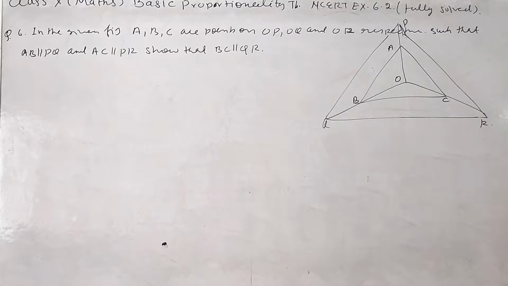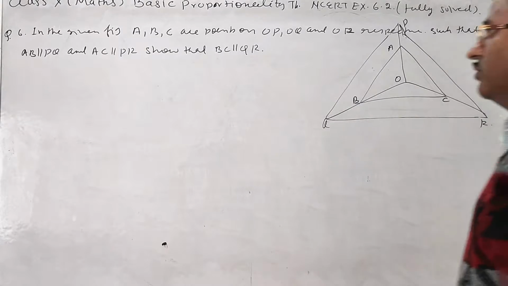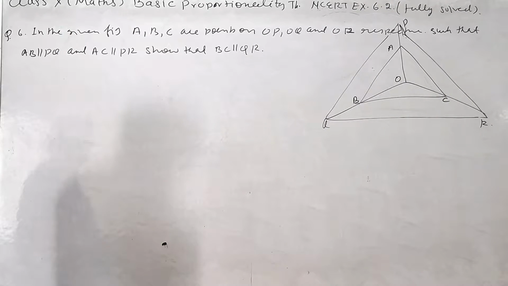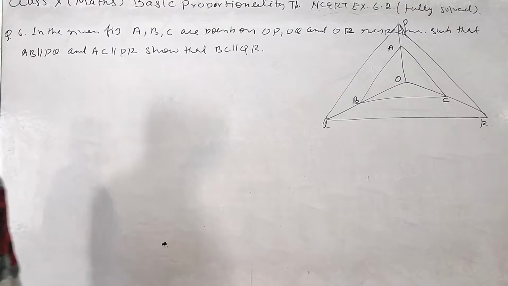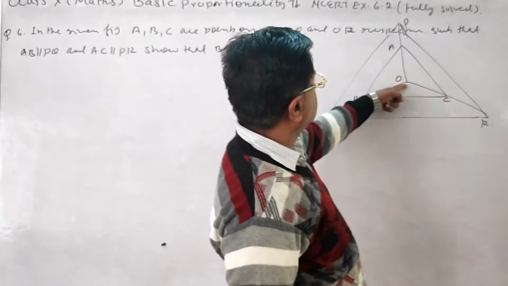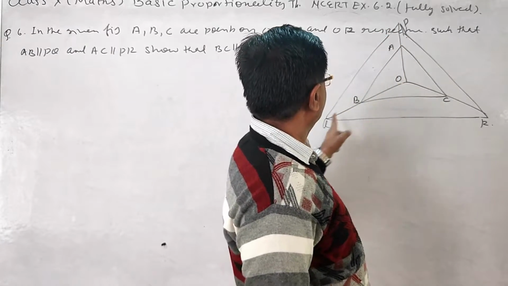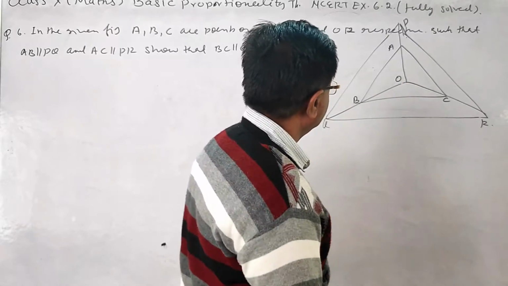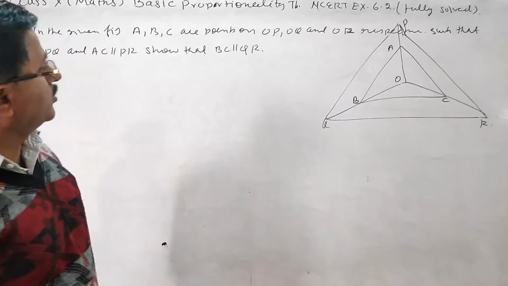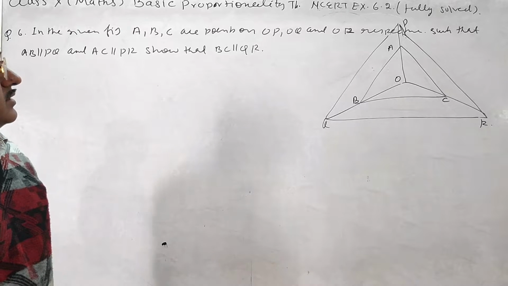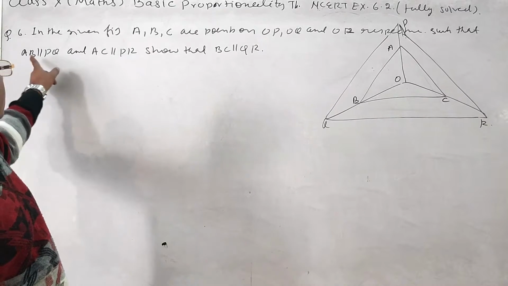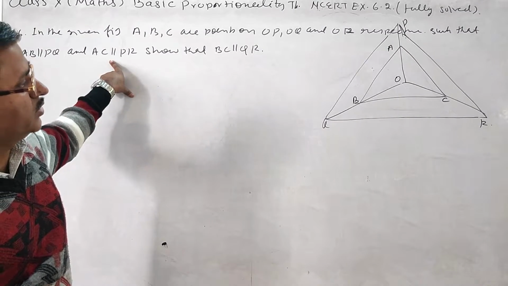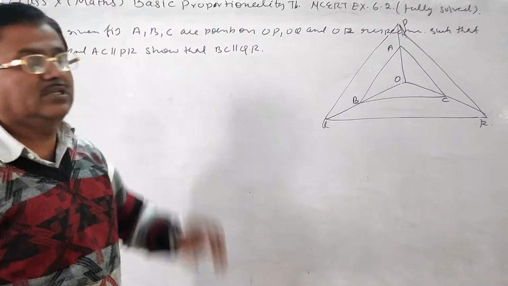Next example, question number 6 is, in the given figure we are given a figure, A, B, C are points on OP, OQ and OR respectively, such that AB parallel to PQ, AC parallel to PR, then show that BC is parallel to QR.